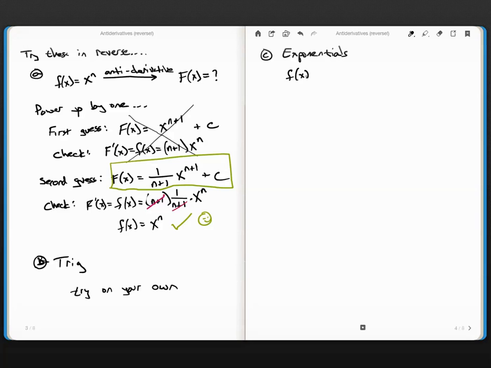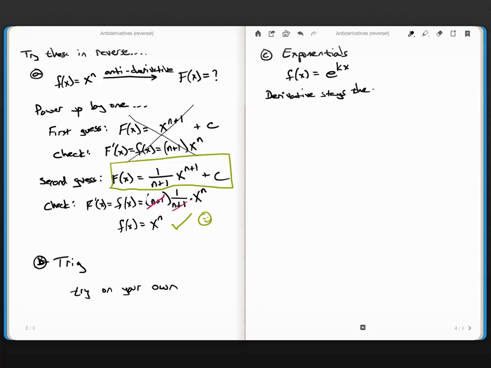Let's start, say our f of x equals e to the kx. All right. Now the reason I like exponentials so much is because the derivative stays the same.